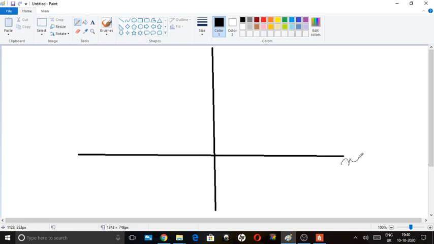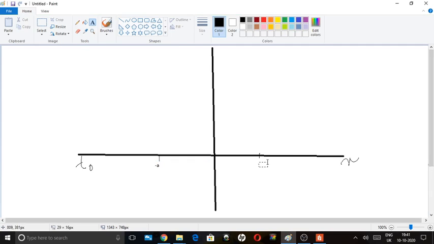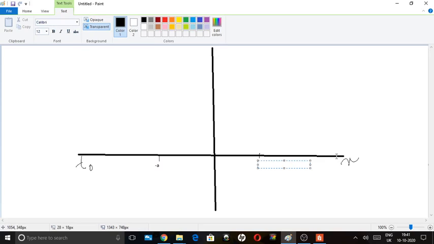This represents the x-axis and this is t naught. Then we have to mark minus a and a, where the function values are not zero.